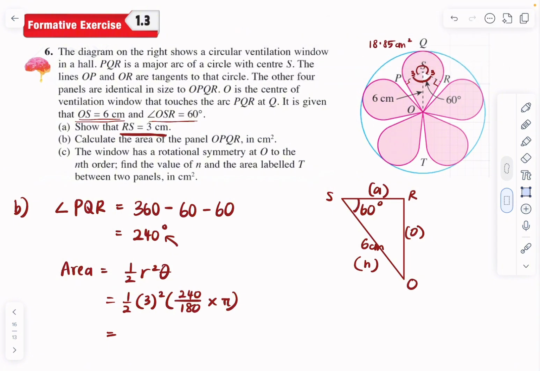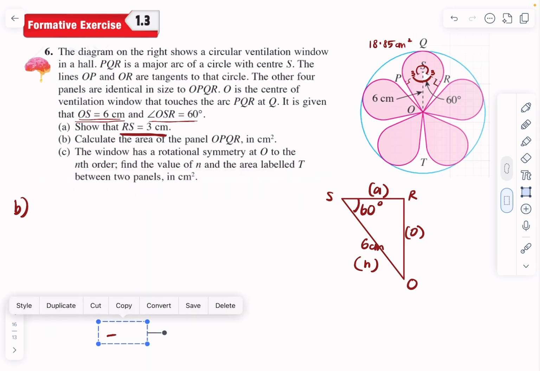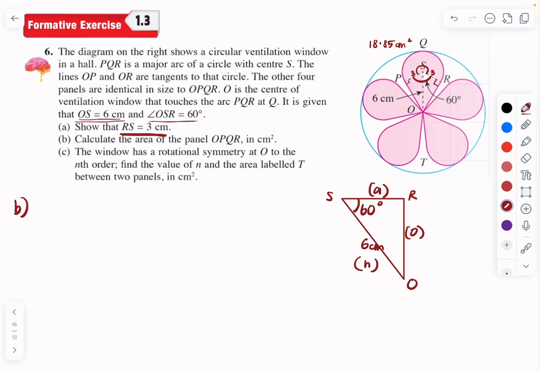Okay. Now we try to find the area of the 2 triangles. The triangle, one of the triangles we already took out just now. So we can use our 1/2 AB sine C formula. So area of triangle is 1/2 AB sine C. Our A just now we found was 3 cm.